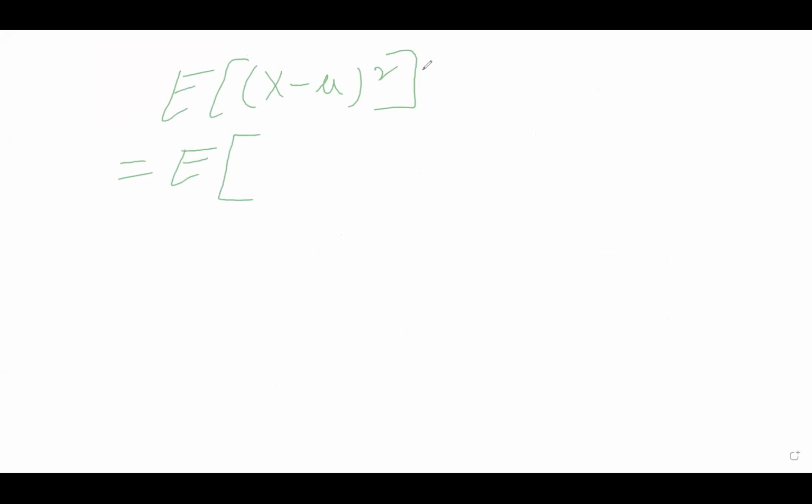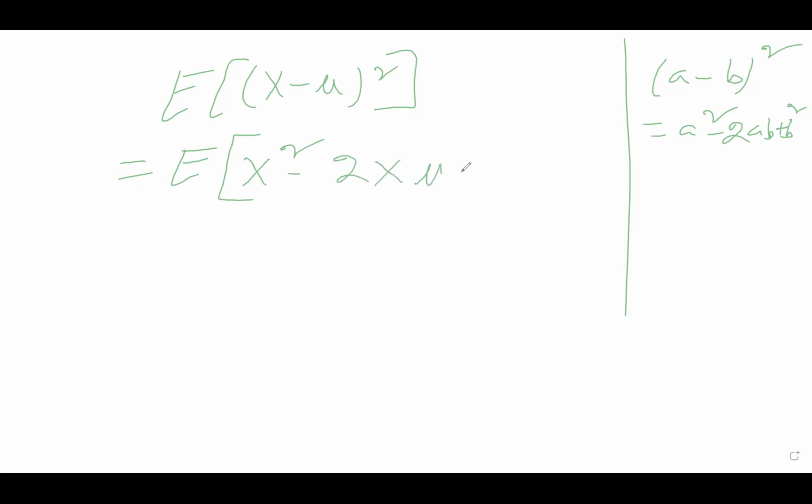First, you can use the identity (a minus b) squared equals a squared minus 2ab plus b squared. You already know this identity from college algebra class. Here we have (x minus mu) whole squared, so you can just write x squared minus 2x mu plus mu squared. Now you know the property of expected value, the distributive property. So you can distribute to each term.